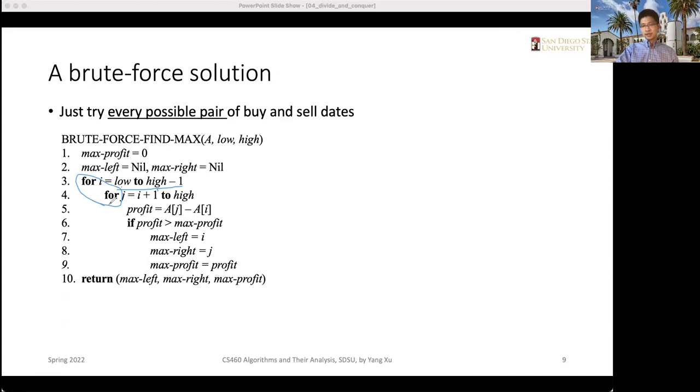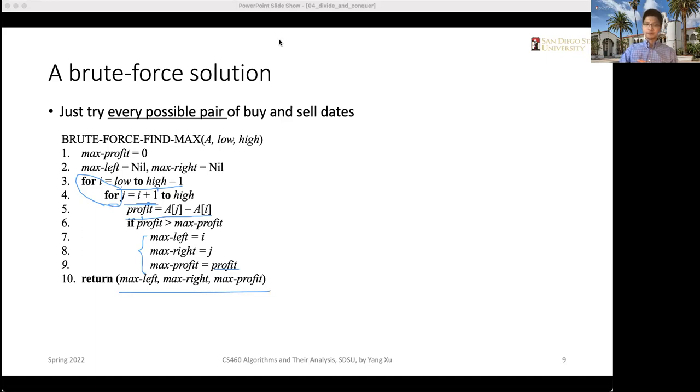The second layer for loop starts with I + 1, because the sell-out date must be to the right of the buying date. So J needs to start to the right of I. We compute the difference between any pair of I and J, and if that profit is greater than the current maximum profit, we mark I, J and the profit, and finally return it.